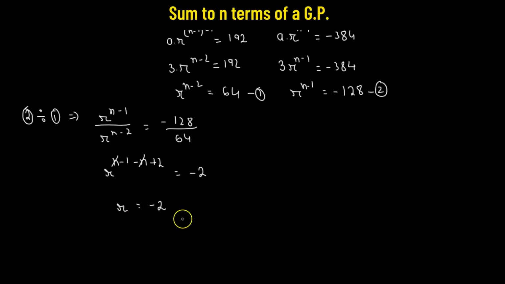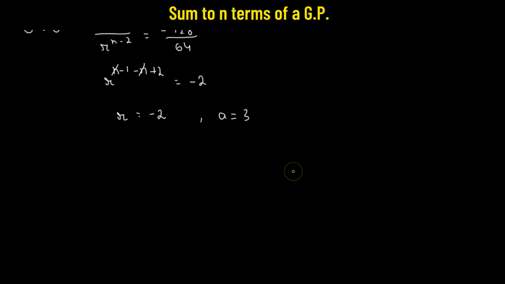Now we have our common ratio, including the first term, which has a value of 3, and we can find the sum to n terms. Here we can observe that the common ratio r is less than 1, so we use the formula for the sum to n terms of a geometric progression, which is A times 1 minus r raised to the power of n divided by 1 minus r.